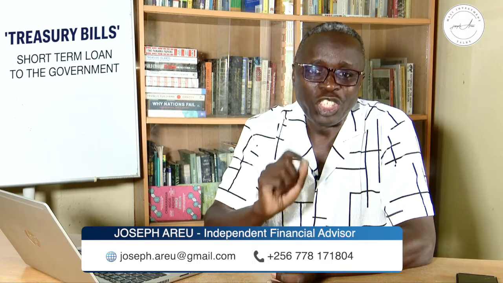So I am going to be discussing each of these investment options in the subsequent discussions. So right away, let us start talking about treasury bills. What are treasury bills? A treasury bill is basically a short-term loan to the treasury, meaning to the government. You, the investor, are lending the government your money for a short-term period of time.